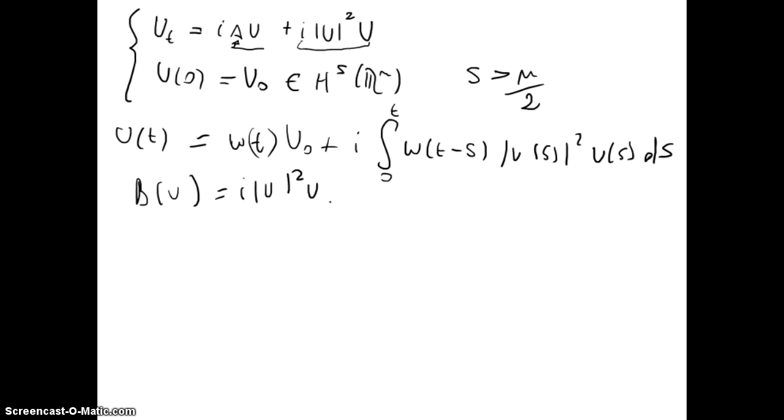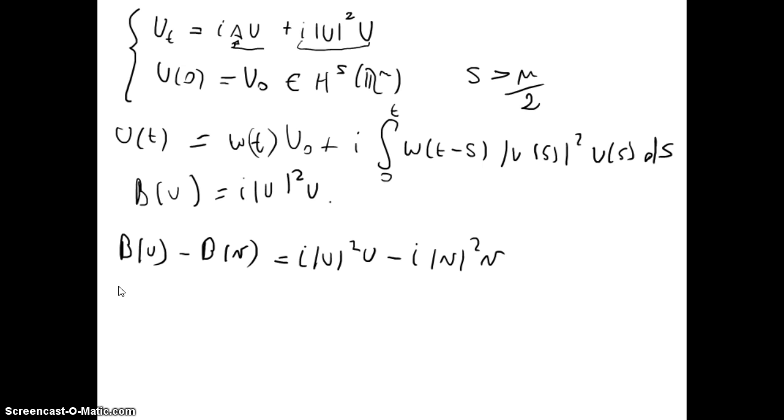So let's consider first B(u) minus B(v). You can say that this is equal to i|u|^2 u minus i|v|^2 v, and this will be equal to i u^2 u-conjugate minus i v^2 v-conjugate.